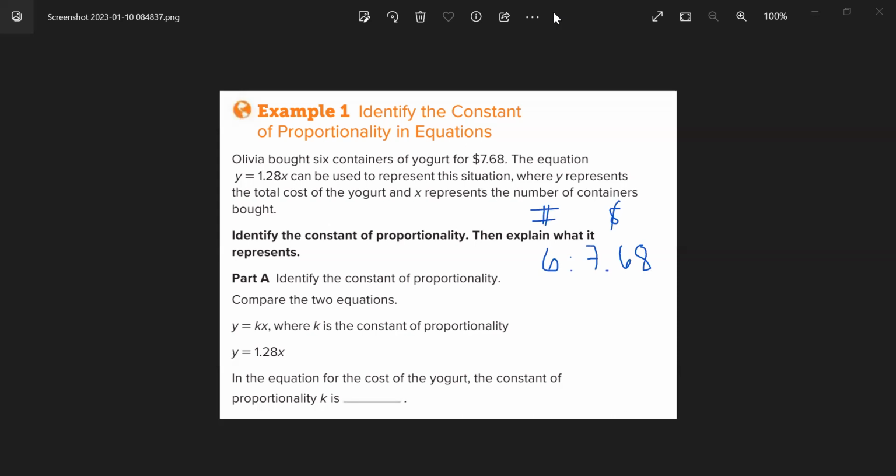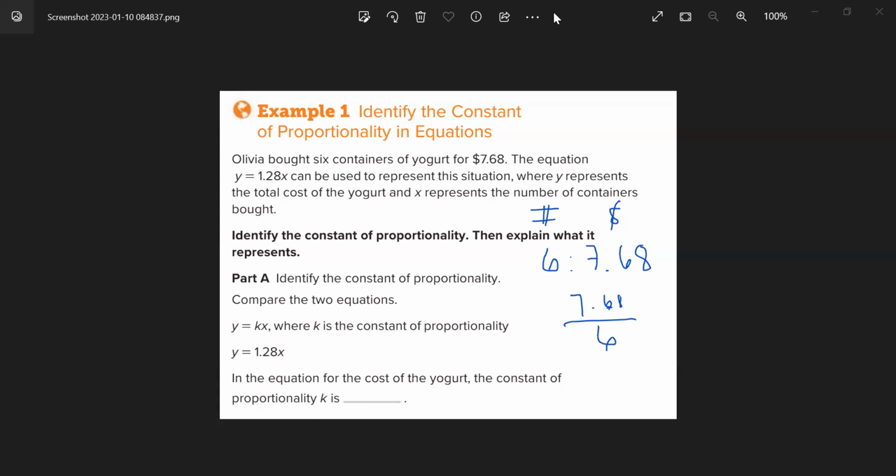So we need to find the constant of proportionality. What is that? Well, we need to find out how much each of these containers is worth. So how can we do that? We can do a division. 7.68 divided by 6.